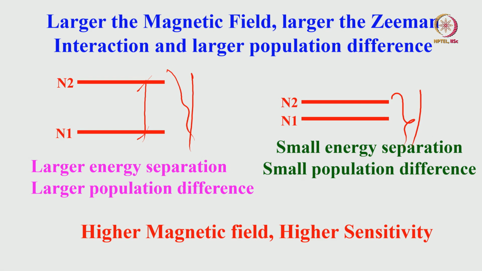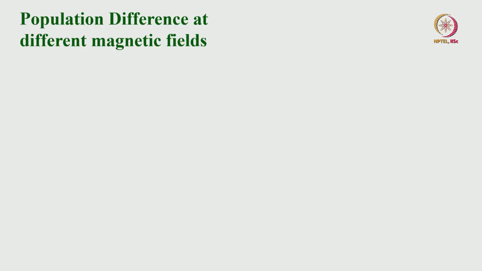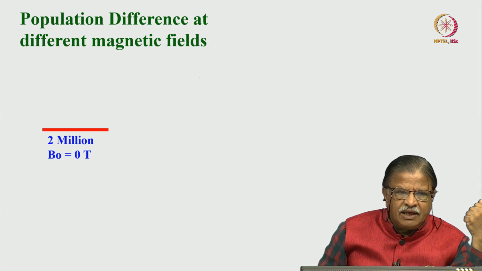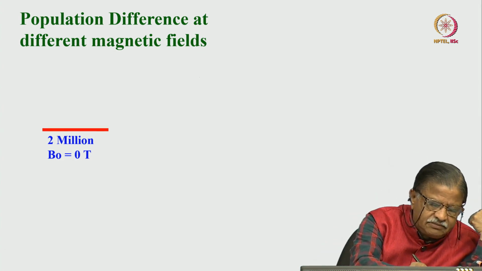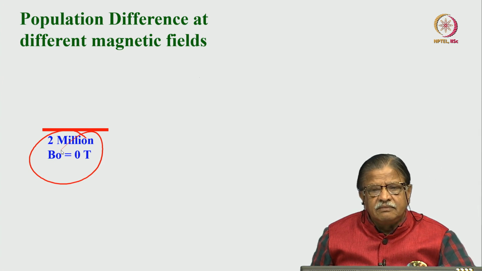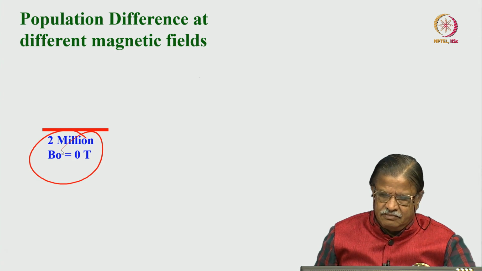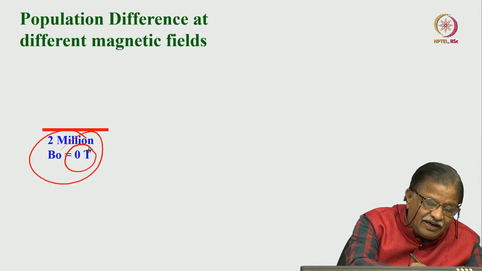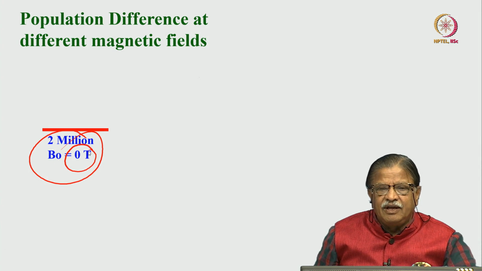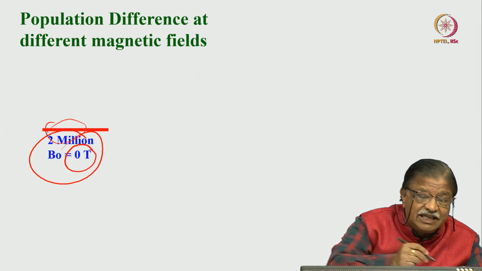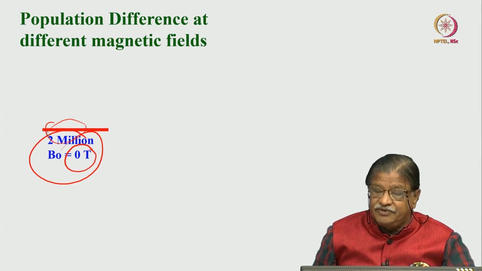This is what I said in one of the slides in the previous class. Now let us calculate the population difference at different magnetic fields and see what sensitivity gain we get. Consider a magnetic field of 0, taking the example of 2 million nuclear spins. There is no separation of energy levels, so it is a degenerate state and there is no population difference.